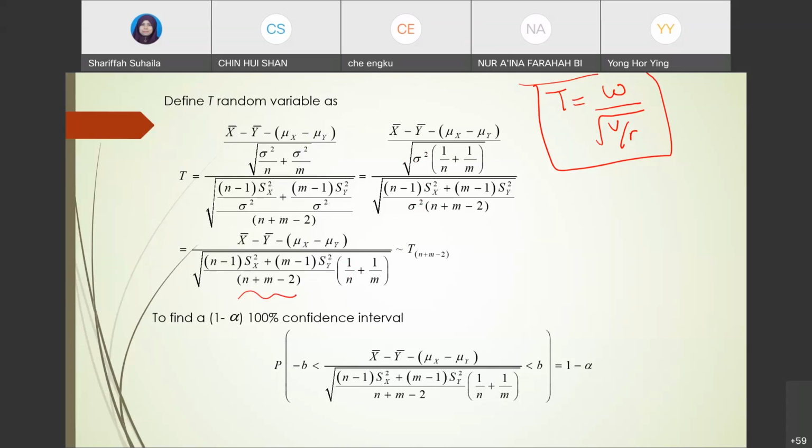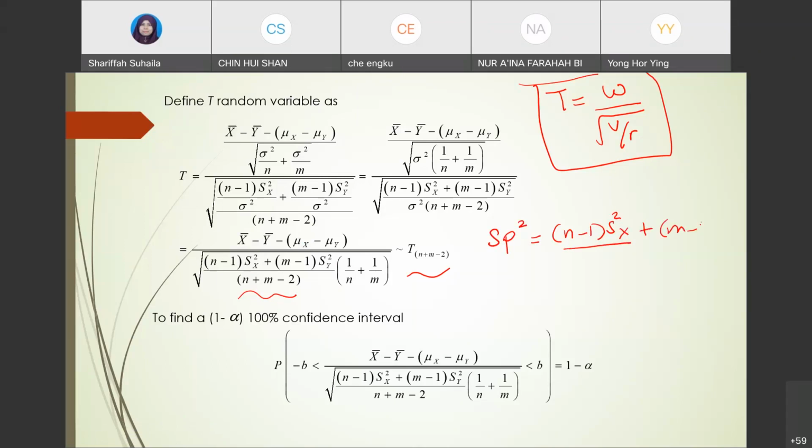Okay, so then you have here is your t distribution. Okay, t distribution, random variable t. So this is the formula that you will use to construct your confidence interval. Okay, X bar minus Y bar minus the difference over square root of your variance. Okay, biasanya bila kita pakai pool estimate tu, dalam formula if you have your stats table, so ini adalah formula pool estimate kita.